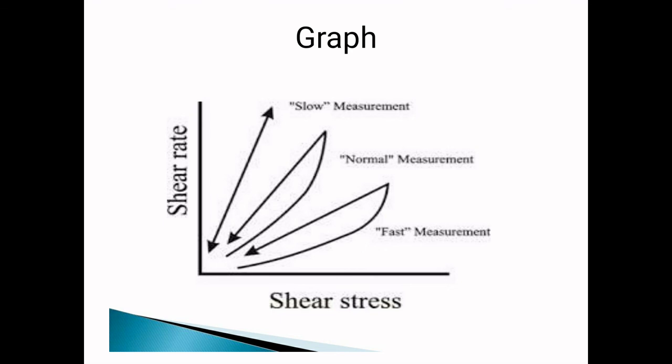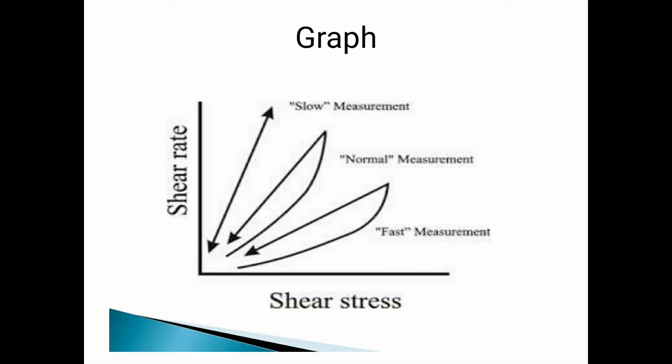In this graph you can see the relationship between the shear rate and shear stress. Slow measurement, normal measurement and fast measurement: when shear rate and shear stress are increased, if the system takes a very long time to return to its original consistency or viscosity, that is known as slow measurement.